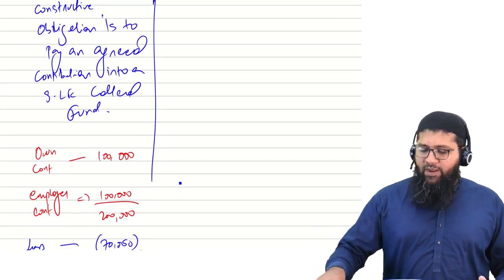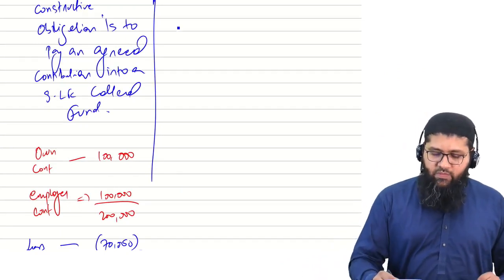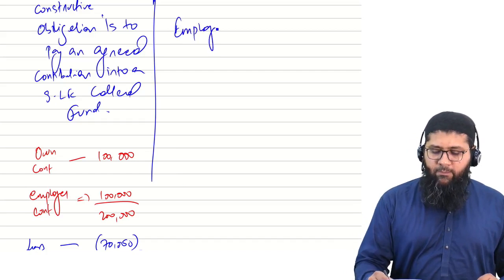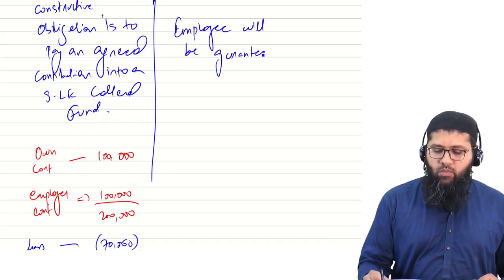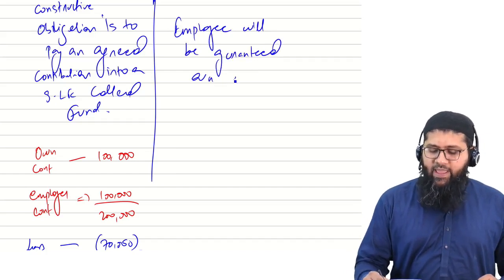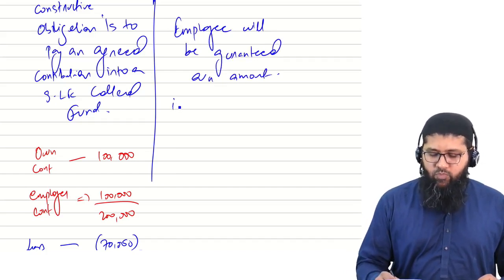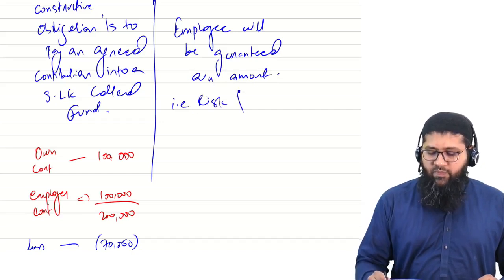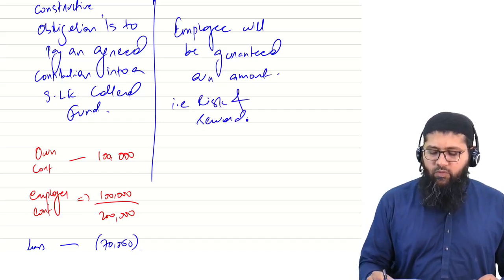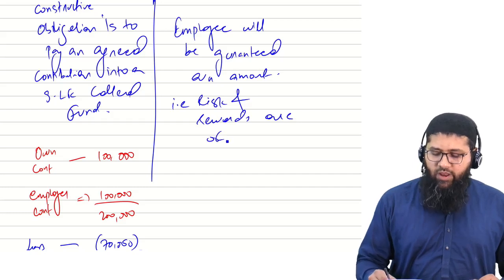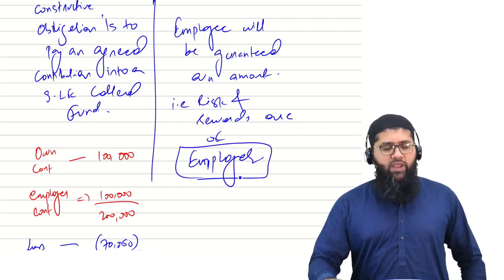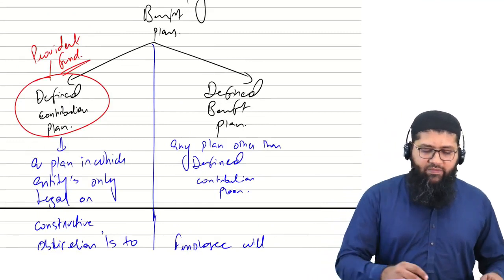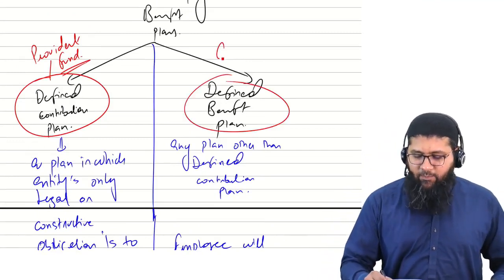What is going to happen under a defined benefit plan is the employee will be guaranteed an amount. That is, the risk and rewards are of the employer. So the example of this is a gratuity plan.